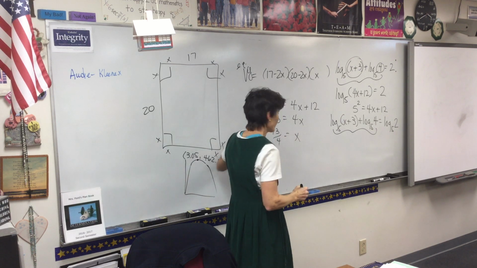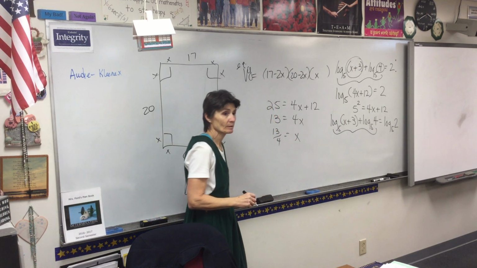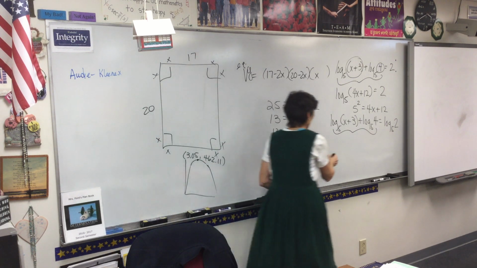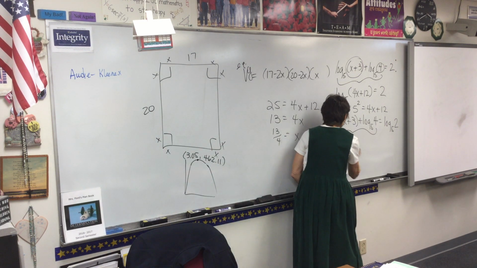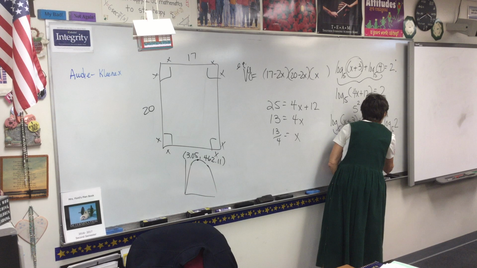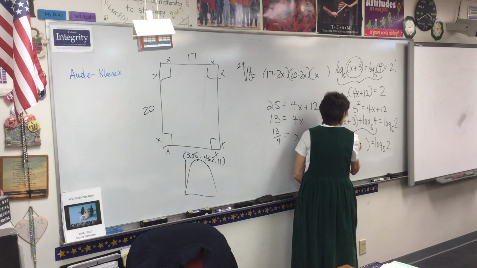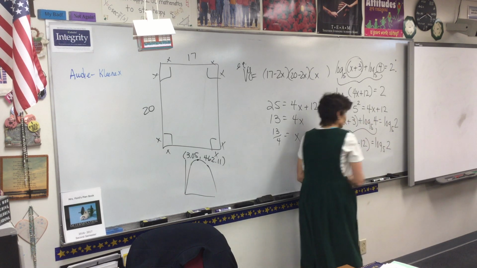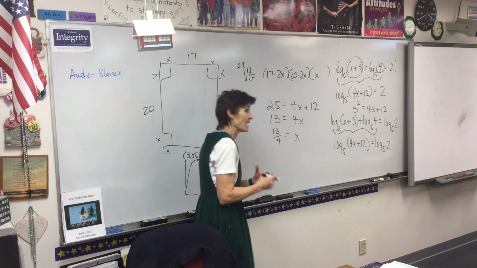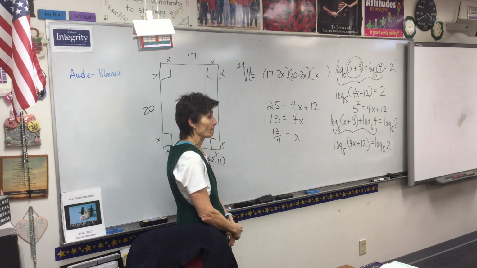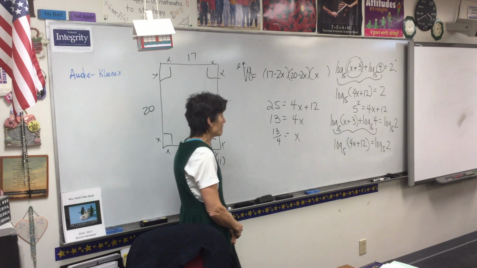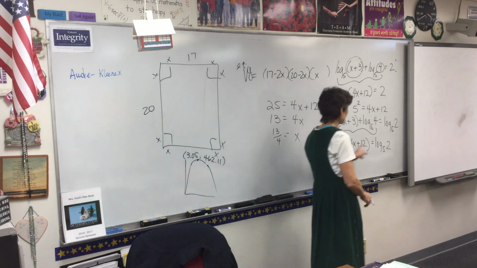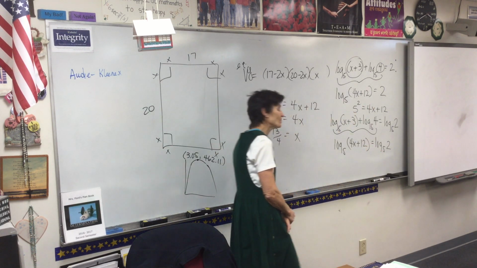Is that okay with everybody, that top one? Now the second one is going to start exactly the same way because you have these two that have to go together. So you're going to start with exactly the same first step. But if you have a logarithm on both sides, you do not loop-de-loo.